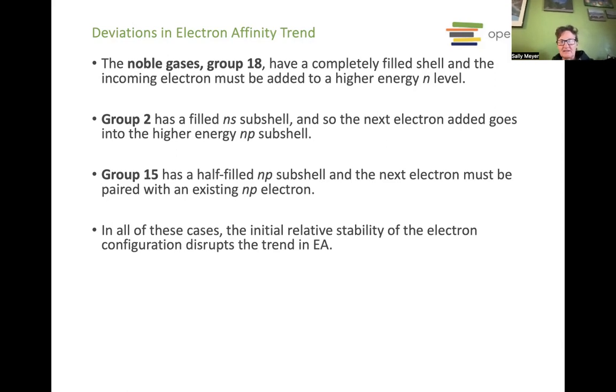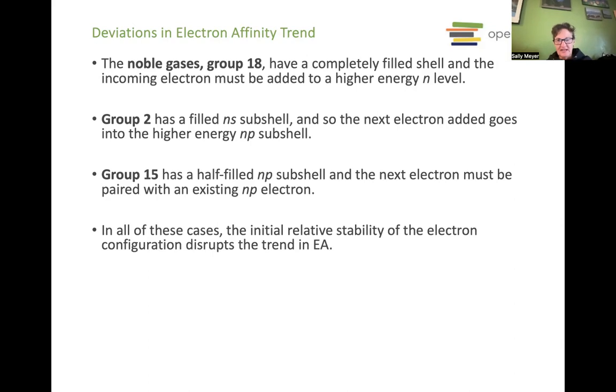So for the noble gases, which have a completely filled shell, the incoming electron must be added to a higher energy n value. So it must be added to a new shell. And group 2 has a filled ns subshell, and so the next electron added has to go into the higher l value, which is a p subshell.